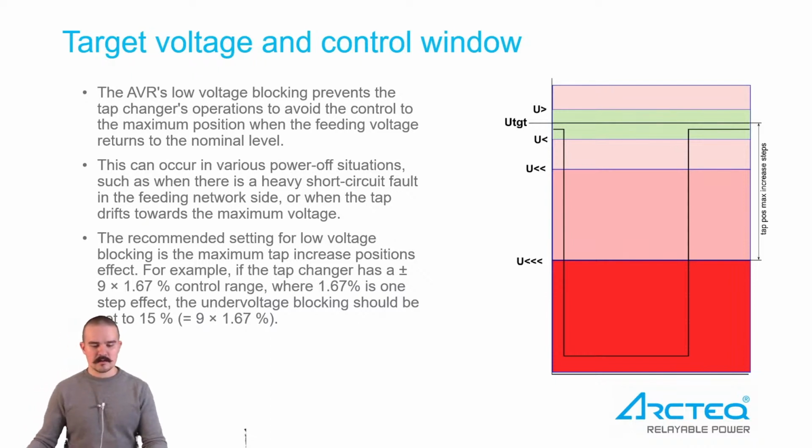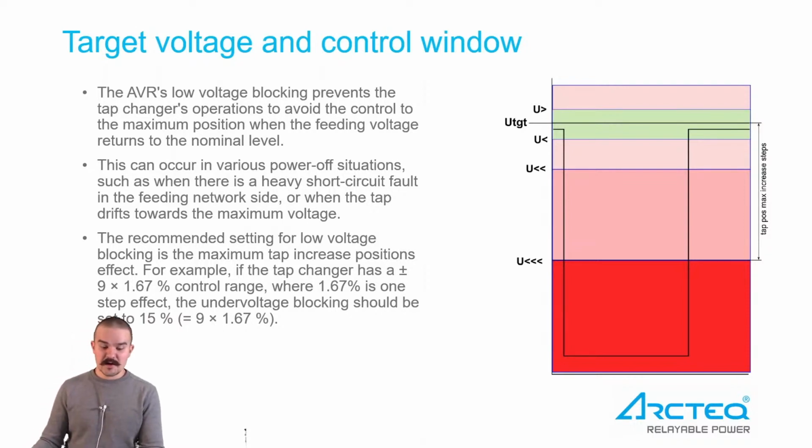So then the low voltage blocking, so you use this to prevent the tap changer operation to avoid the control to the maximum position when the feeding voltage returns to the nominal level. So this can occur in various power-off situations, such as when there is a heavy short circuit fault in the feeding network side, or when the tap drifts towards the maximum voltage.